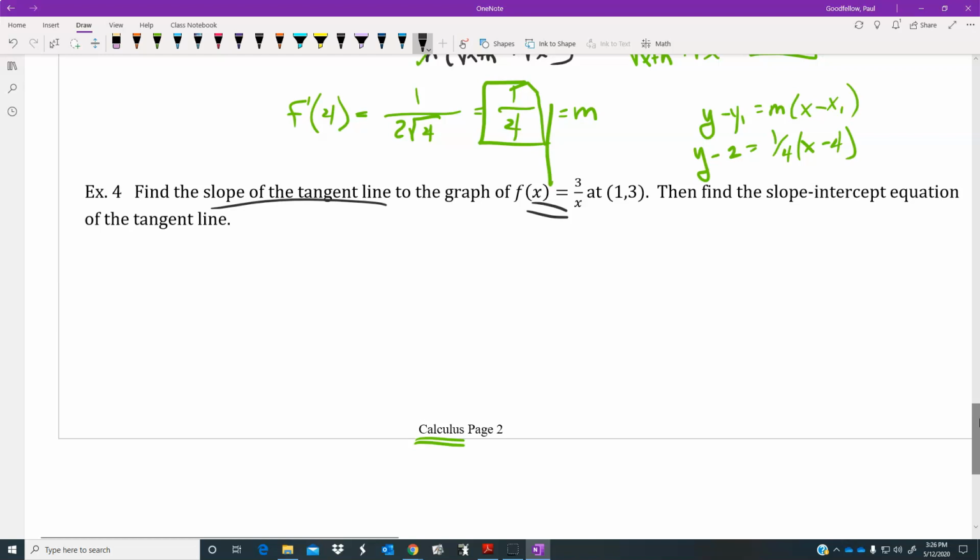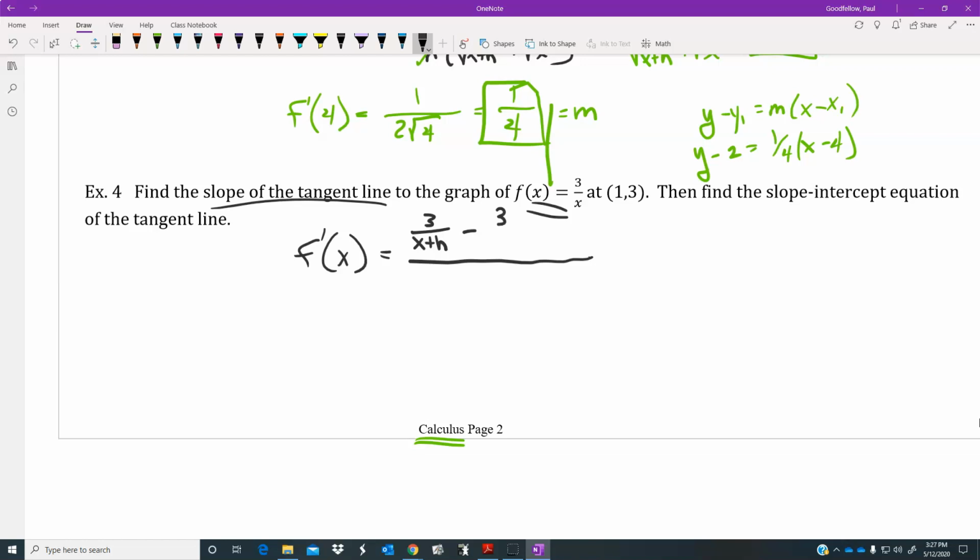Okay? Now, here we go. Last one. Let's try one more. Let's find the derivative of this function. We're going to get something that says 3 over x plus h minus the original function, divided by h. That doesn't work in terms of doing the limit as h approaches 0. That's a bad deal. Looks like I'm going to need common denominators.